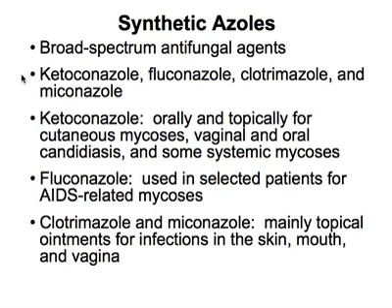So synthetic azoles, so you have ketoconazole, fluconazole, clotrimazole, miconazole. These are very broad spectrum antifungal agents. They work pretty well both orally and topically. You can use them for many different types of mycoses or fungal infections.